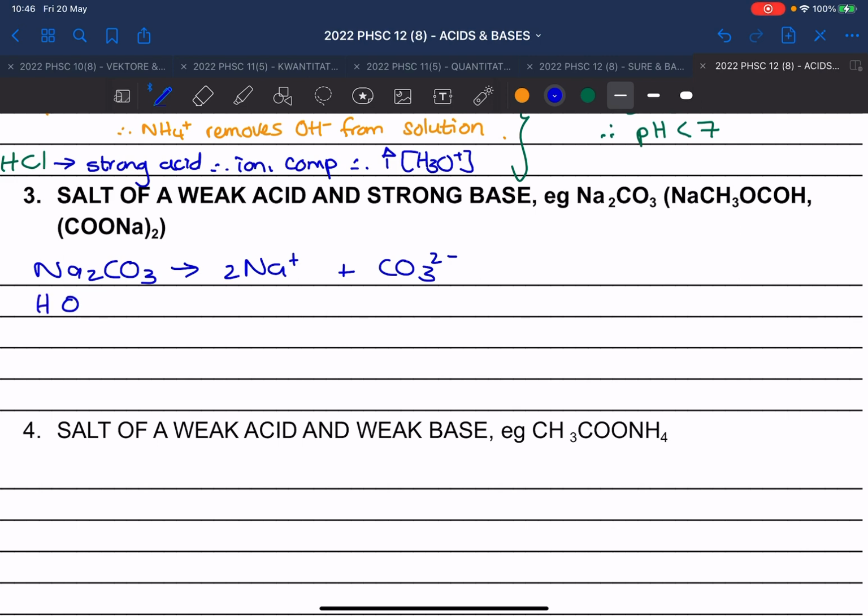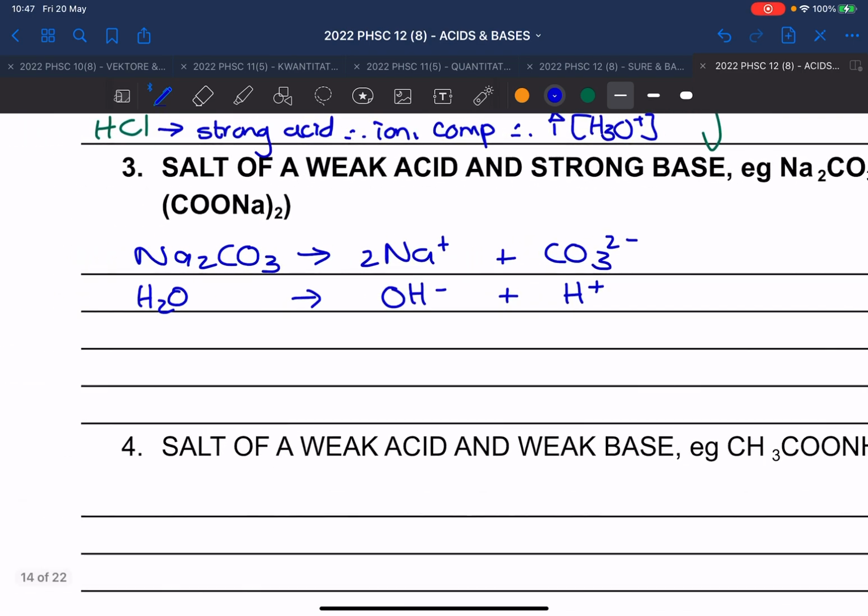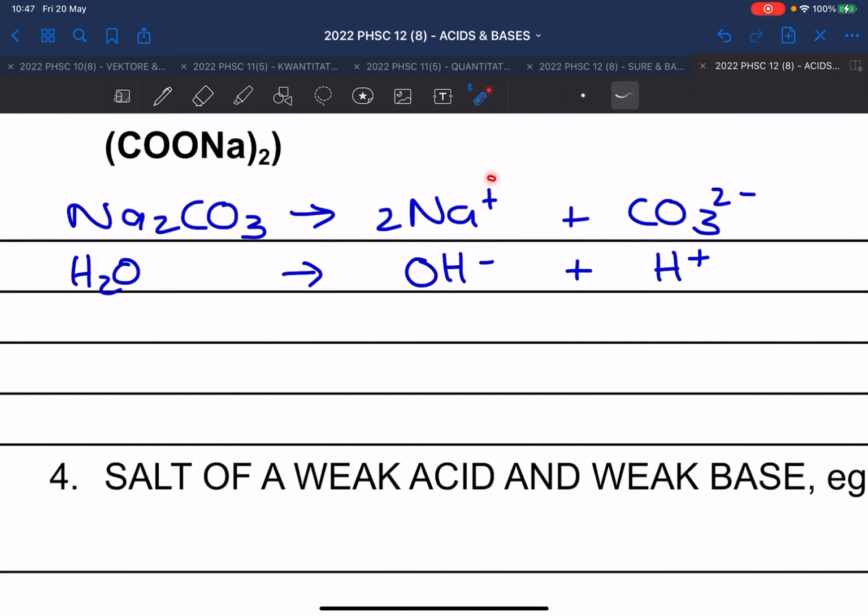Same thing with water. Okay, but this valency is +1, this one is -1. They fit. This one is -2, this is +1. So it means we need to have 2 hydroniums.